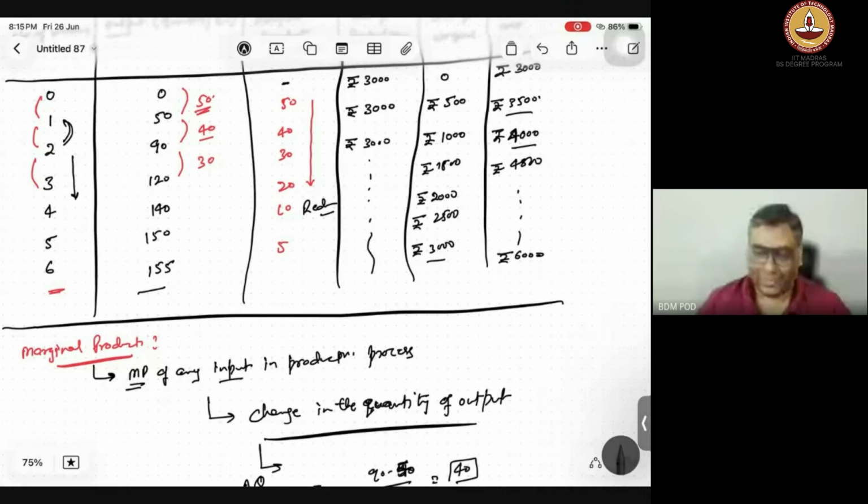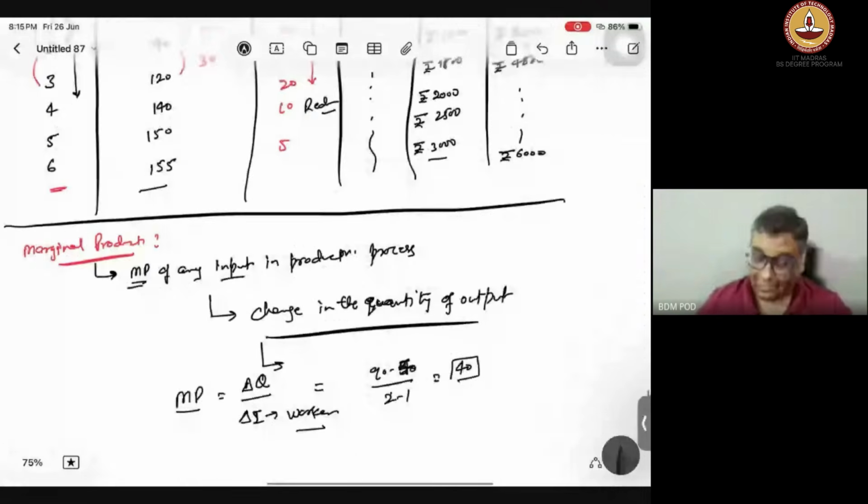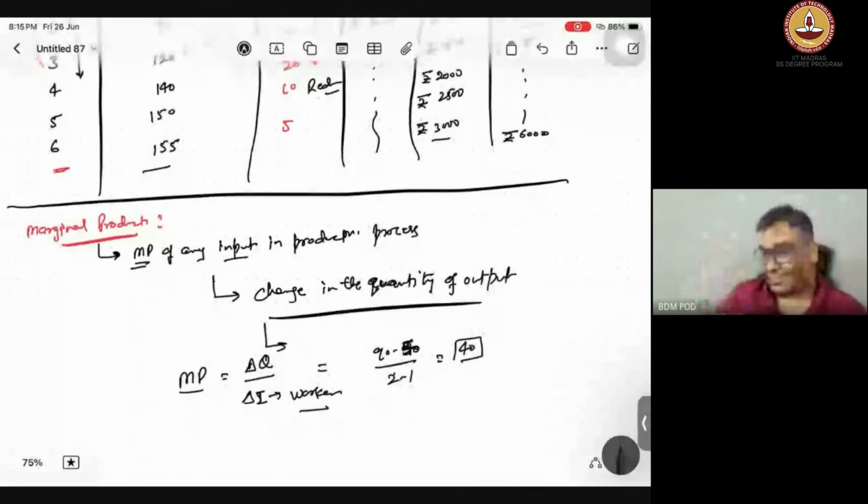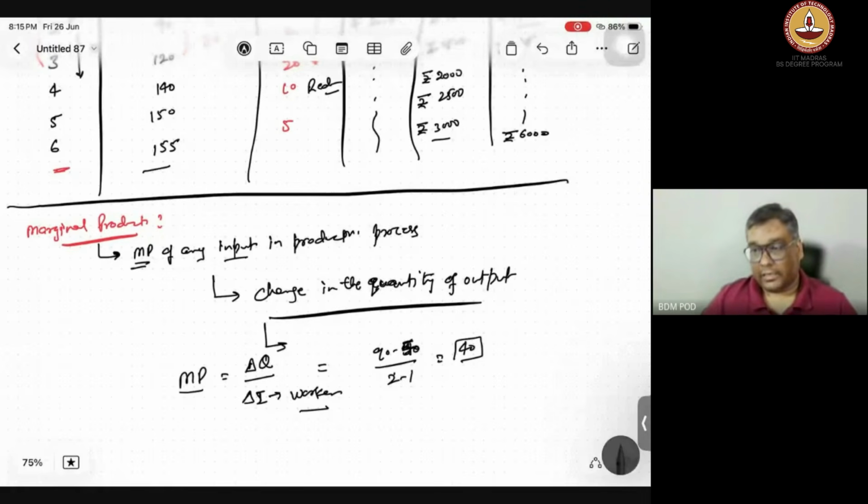Correct. Take the example of a cloud kitchen itself. If we have a smaller number of workers, they can utilize the resources properly, because resources are not unlimited. They have limited resources. But if the number of workers is increased, then resource sharing happens.